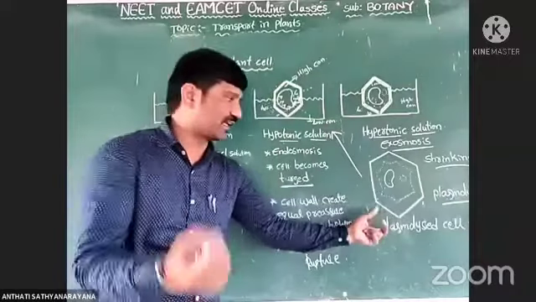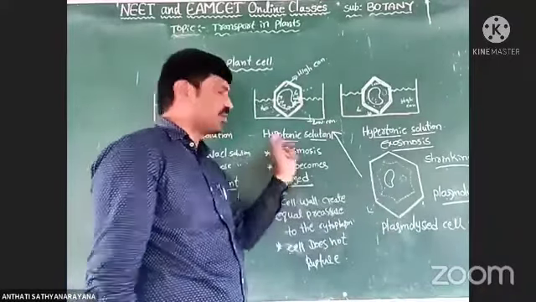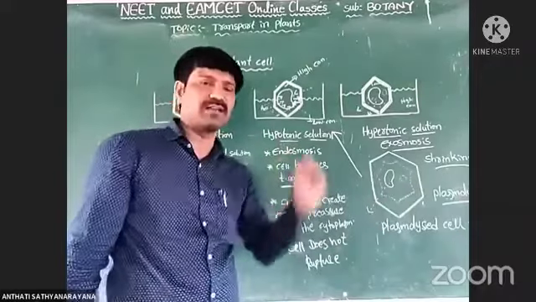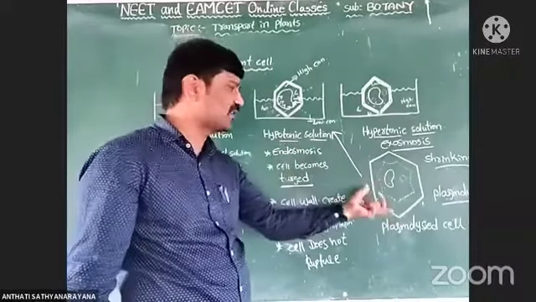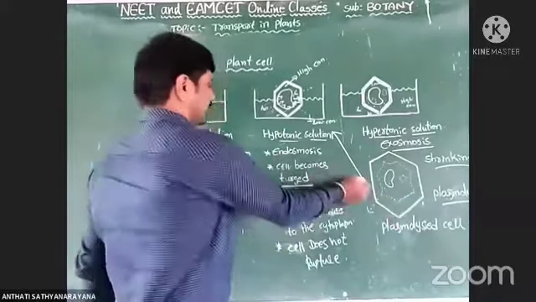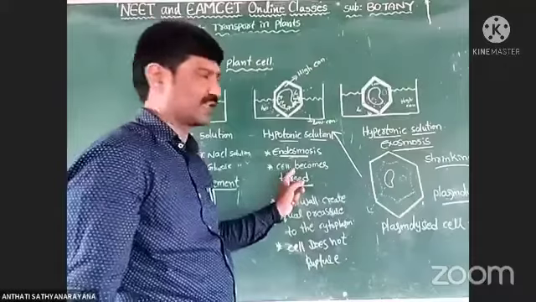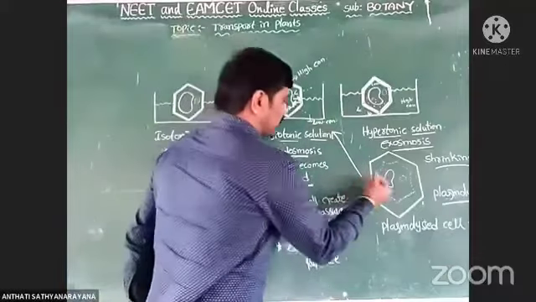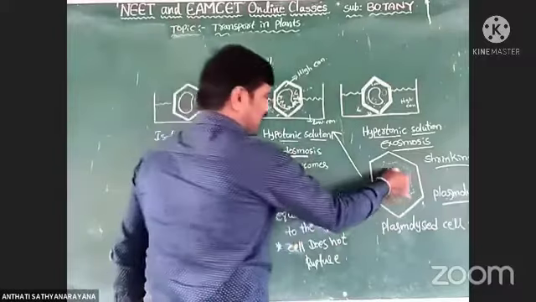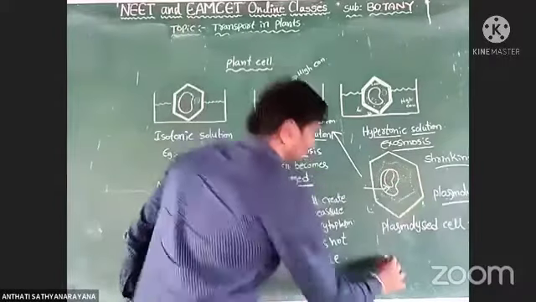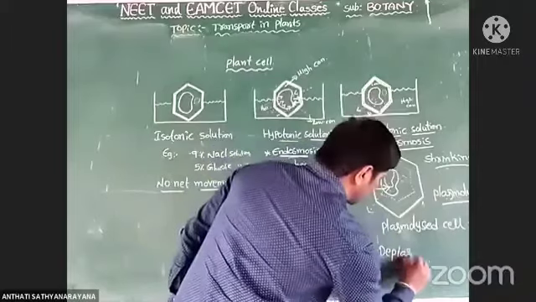So when a shrinking cell or plasmolyzed cell is kept in a hypotonic solution or normal water, this plasmolyzed cell absorbs water. Here endosmosis takes place and water comes into the cytoplasm again and increases the size of the vacuole. This process is known as deplasmolysis.